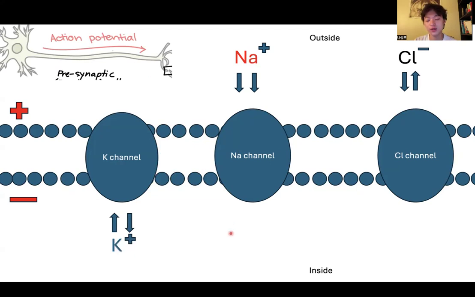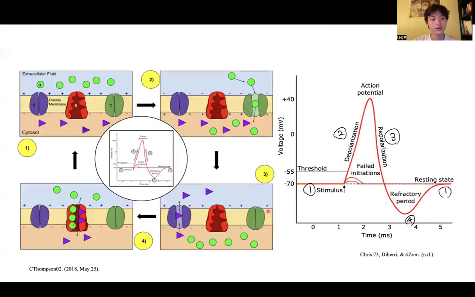We can think that resting membrane potential is minus 70. When it goes to minus 55, which is the threshold to make the sodium channel open, the sodium comes in. When sodium comes in, the cation comes in, and the inside of the membrane becomes positive.